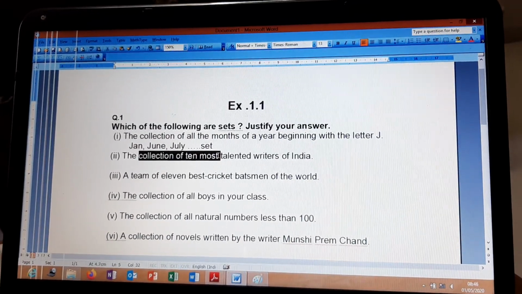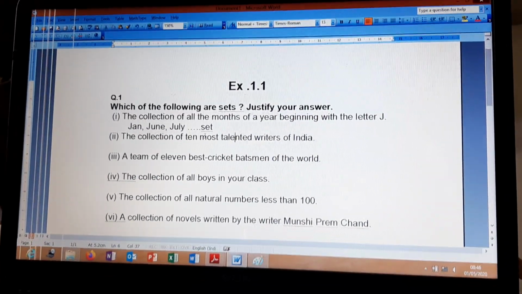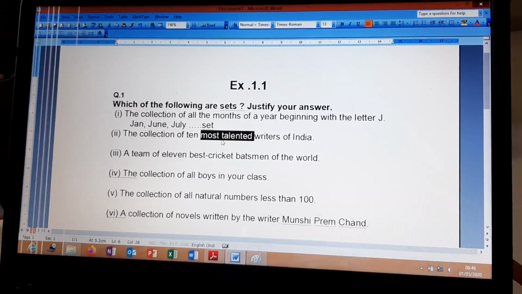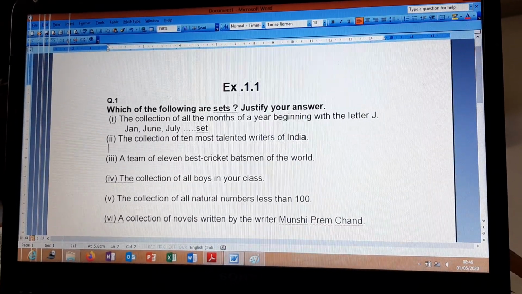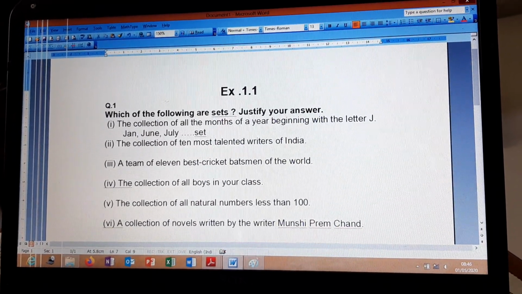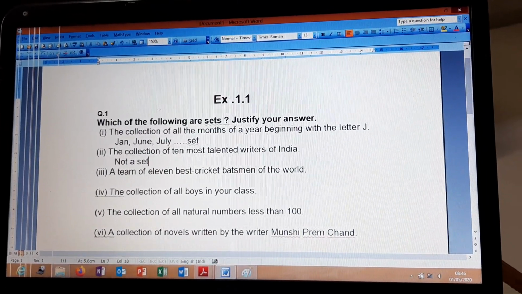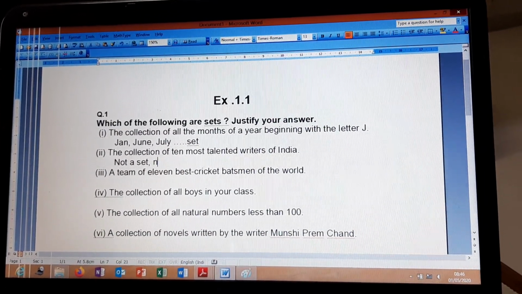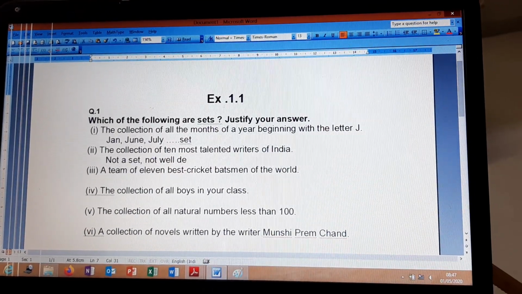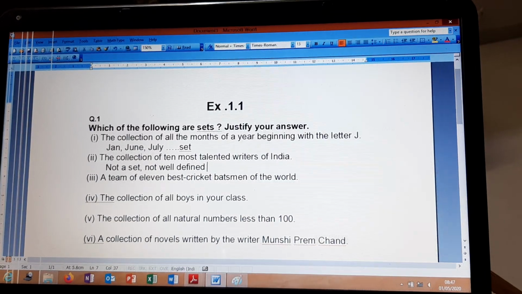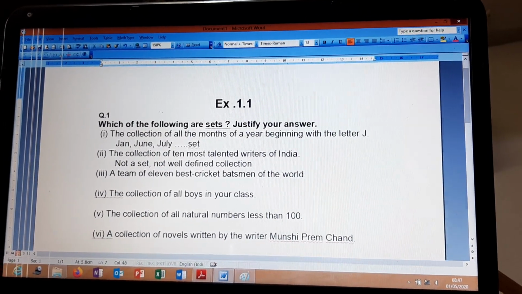Second, collection of 10 most talented writers. Now, how do you determine talented? It's very difficult to say that one is talented and one is not. So this is not a set. Reason, not a well-defined collection.